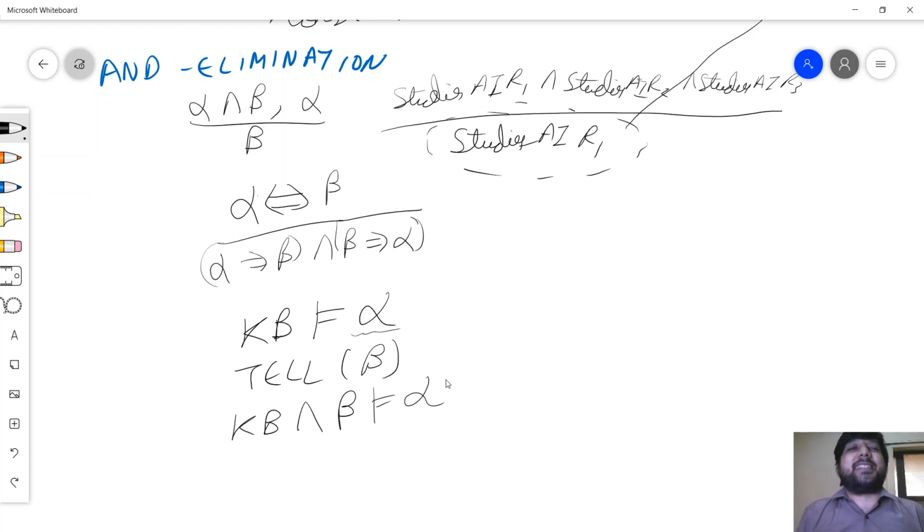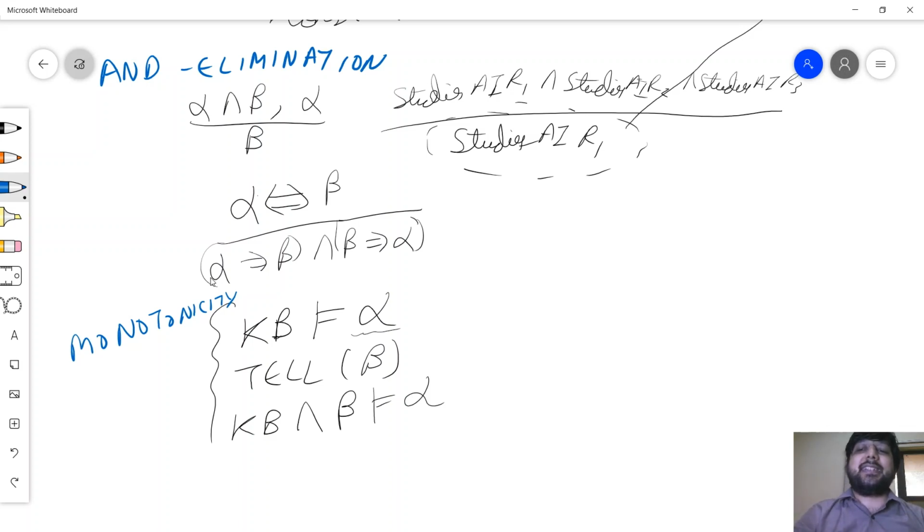I'll have to do less work. So the more knowledge you add, the easier it is to derive, and my knowledge keeps on increasing. And this has a specific term called monotonicity, or information monotonically increases as you go along and as you derive more facts.